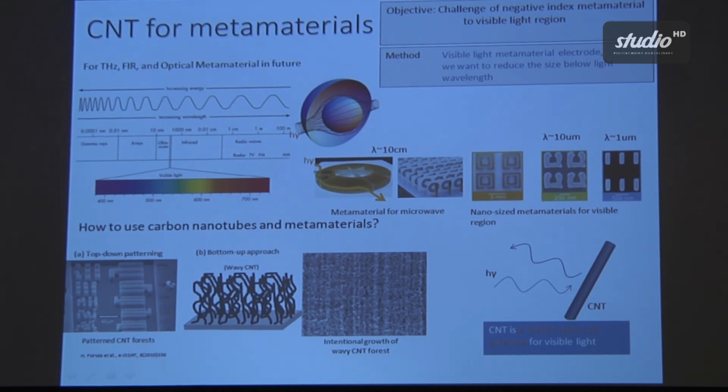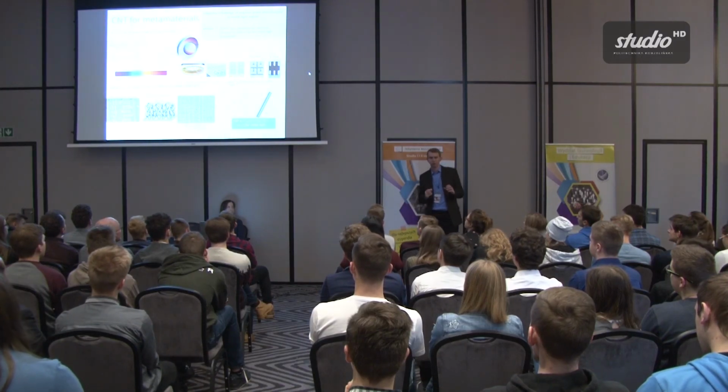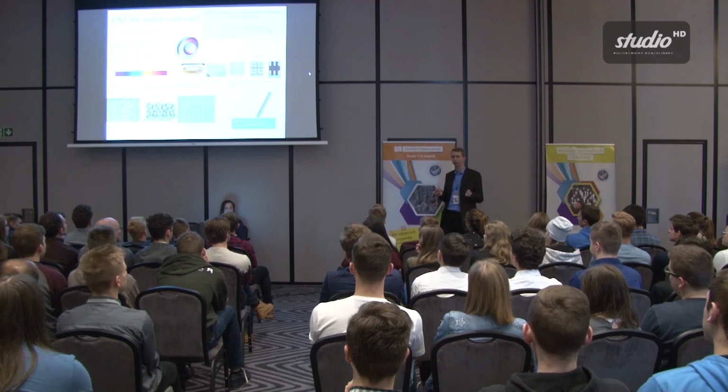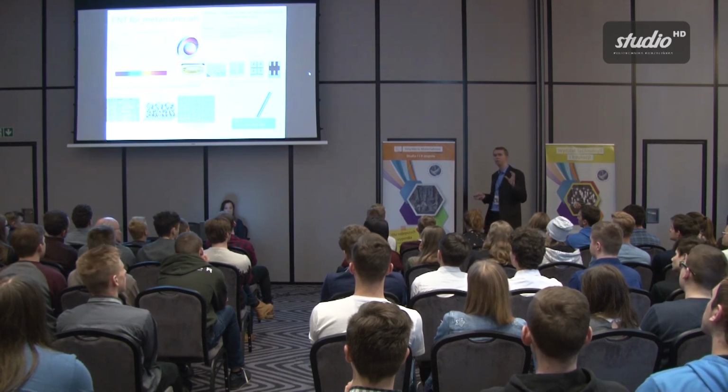Another possible application: I call it metamaterials. This is a bit more complicated, but I will try to explain it very easily. Metamaterials are basically materials that do not exist in nature. There are no such materials in nature. They are structures that can interact with electromagnetic radiation, for example light, and they can bend light.